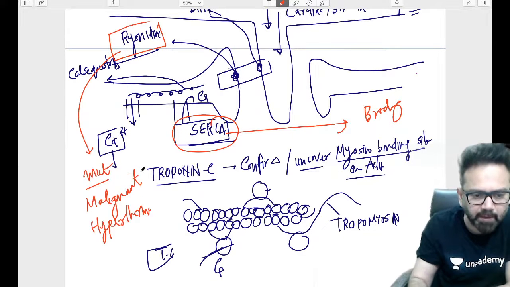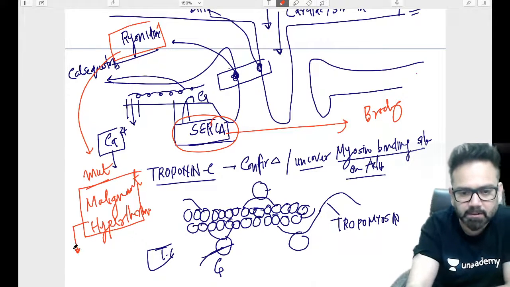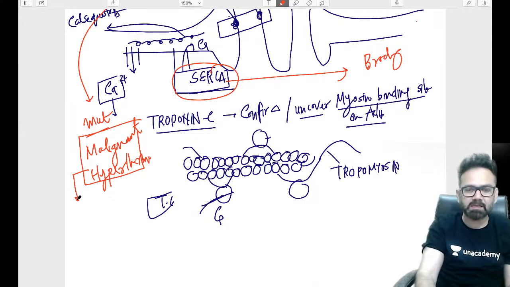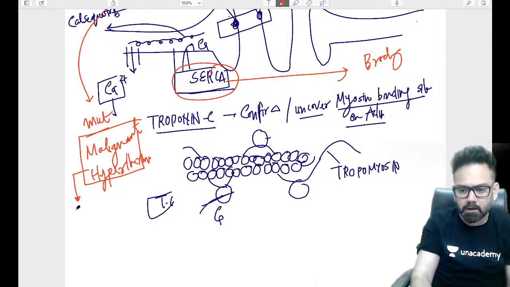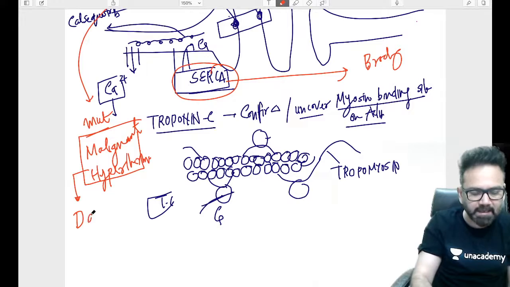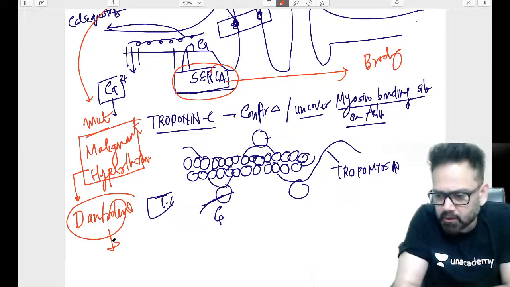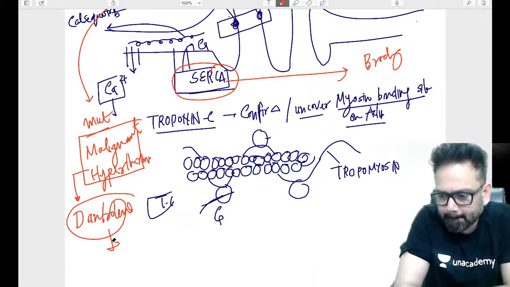And what is the drug of choice of malignant hyperthermia? It is not fever, so you cannot give paracetamol, brufen and all. The drug of choice is dantrolene. Yes, very good, it is dantrolene.